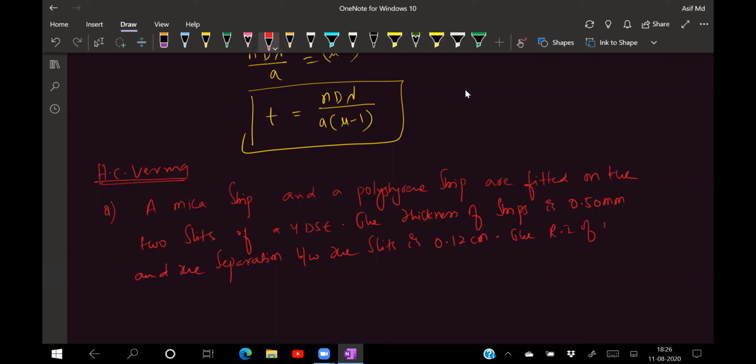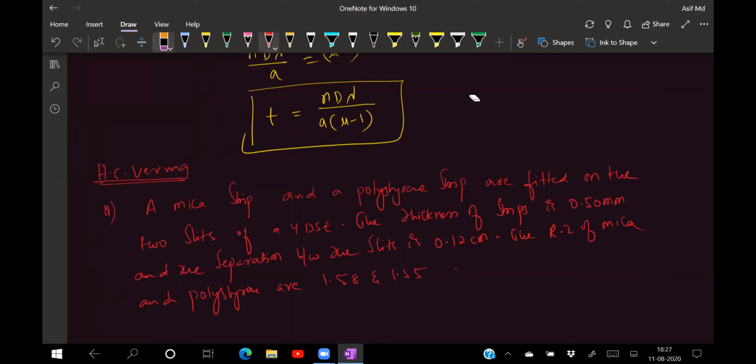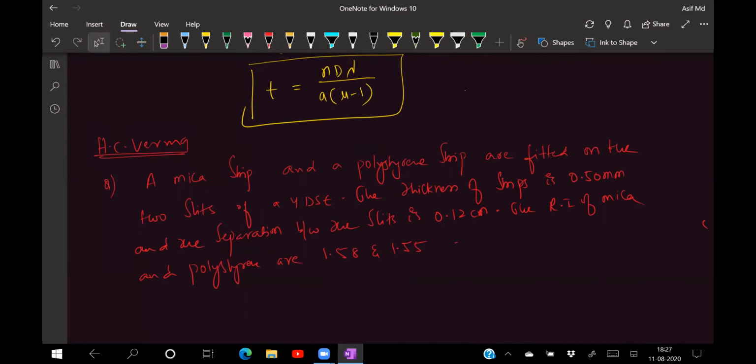The refractive indices of mica and polystyrene are 1.58 and 1.55 respectively. The refractive index of mica and polystyrene are 1.58 and 1.55 respectively.